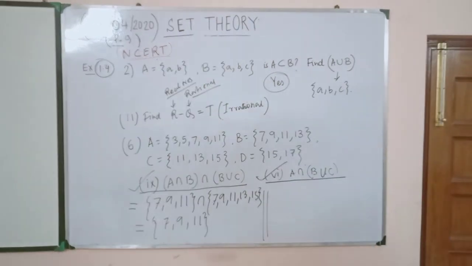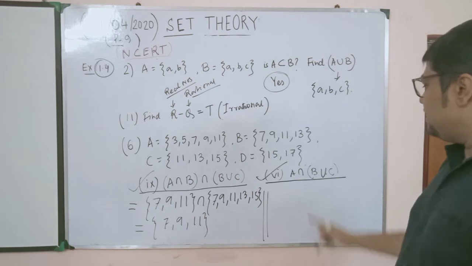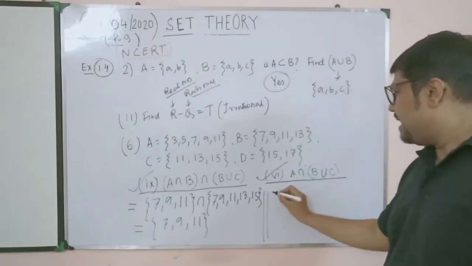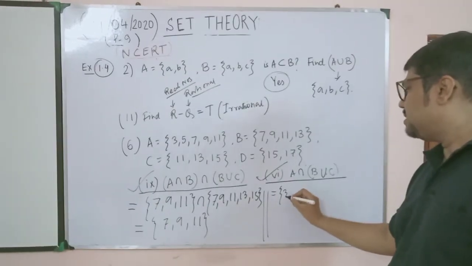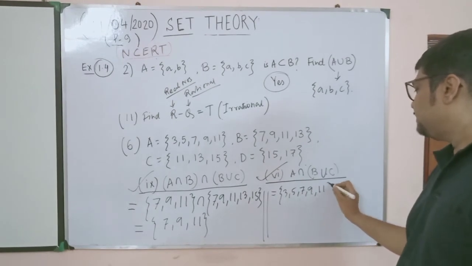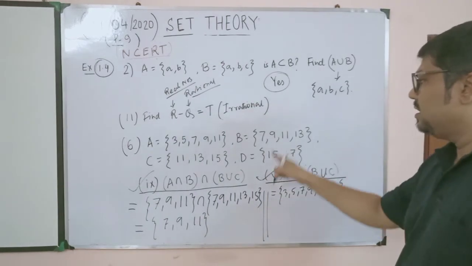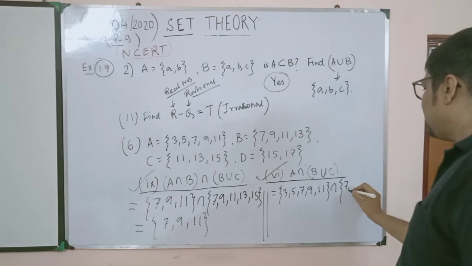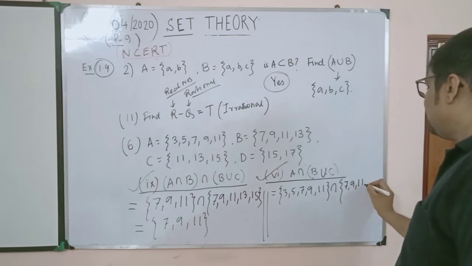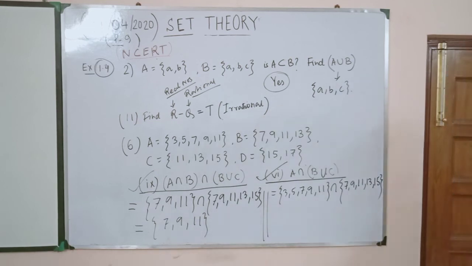Let us see number 6 as well. A intersection B union C. A, already it's written on the board, it's 3, 5, 7, 9, 11, and intersection B union C I have written over here. You can unite and get 7, 9, 11, 13 and 15.